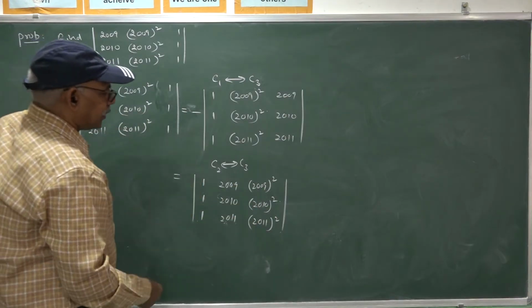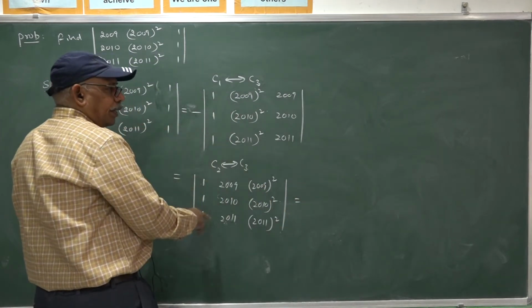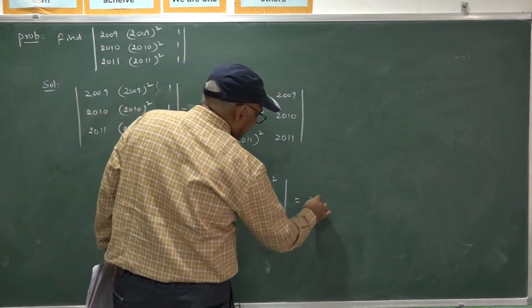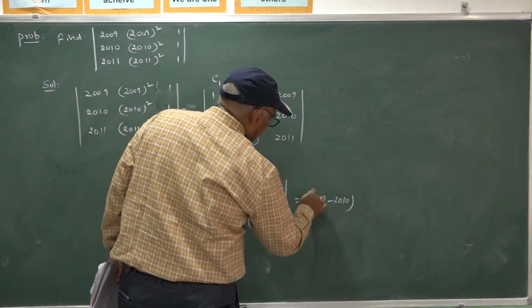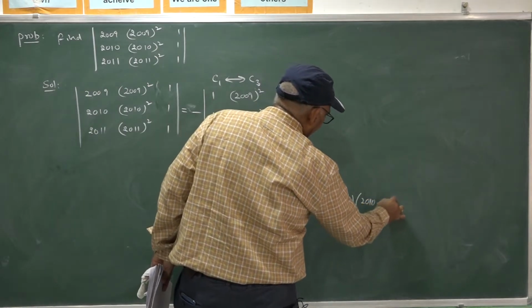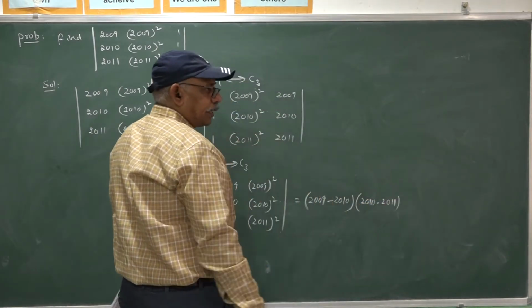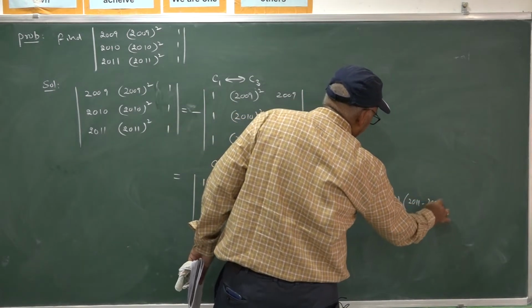So from the previous problem, it is clear that this is equal to A minus B into B minus C into C minus A, that is, 2009 minus 2010 into 2010 minus 2011 into 2011 minus 2009.